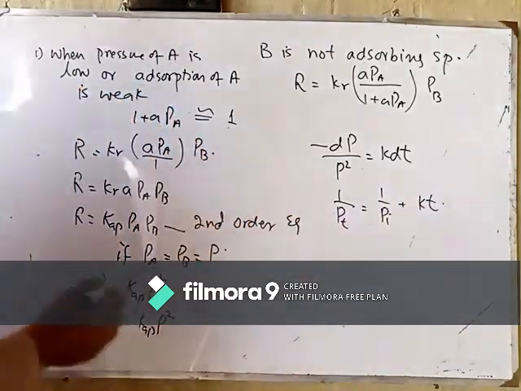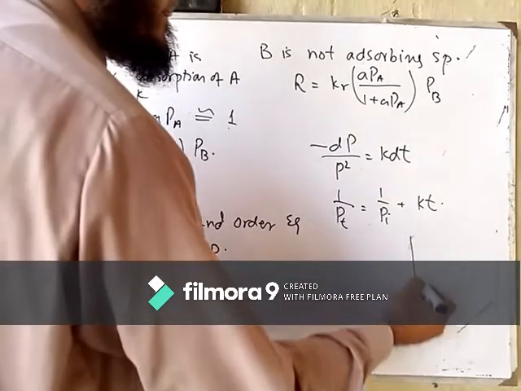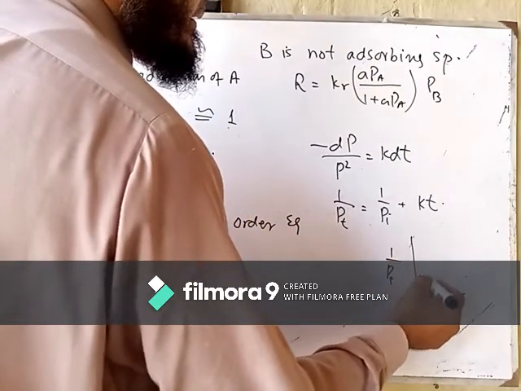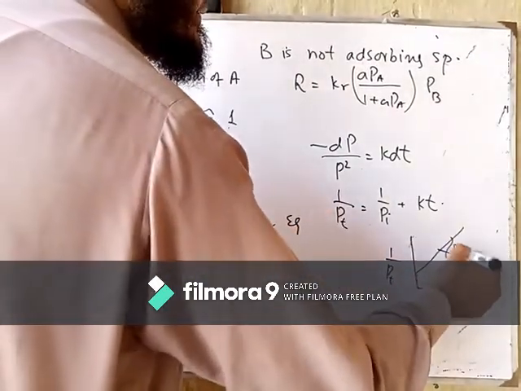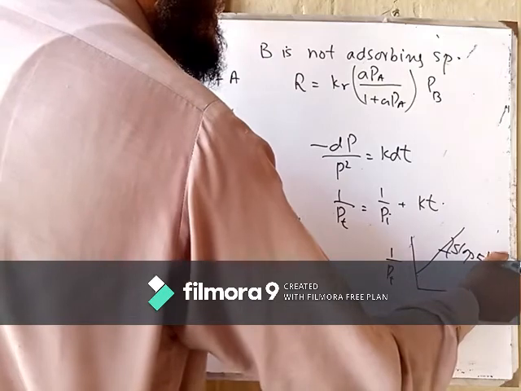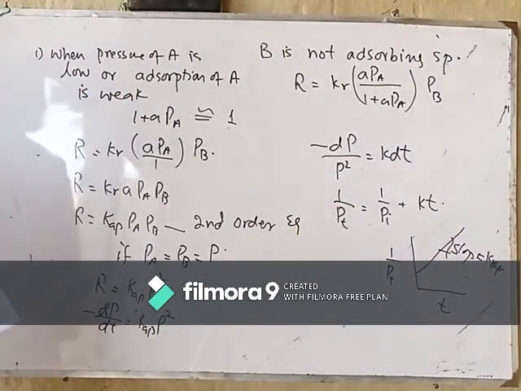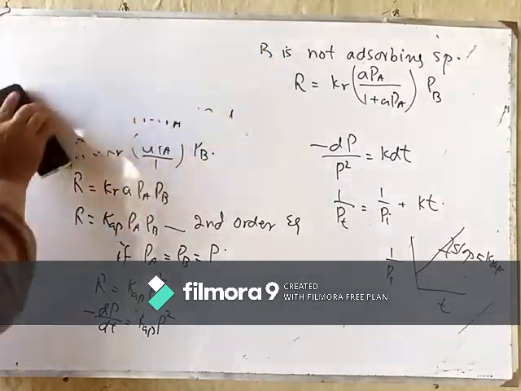So this is a second order equation. Pi is the initial pressure and Pt is the pressure at different time intervals. If we plot t versus 1 over Pt, we get this type of graph. So its slope is equal to the apparent rate constant. So when the pressure of A is low, when A is weakly adsorbed, the reaction follows second order kinetics.